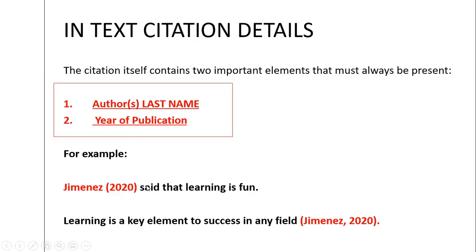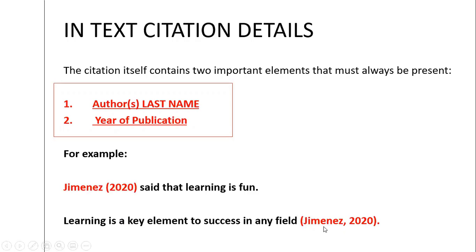For example, let's look at some other ones. Jimenez (2020) said that learning is fun. Again, this comes from a quote from an article written by Jimenez in the year 2020, and I'm putting it at the beginning of the sentence. But if I put that same citation at the end of the sentence, I would say learning is a key element to success in any field.